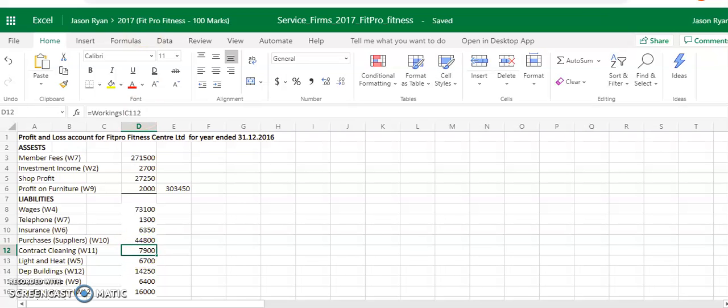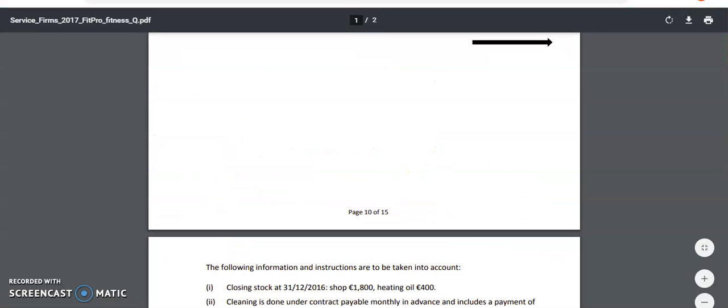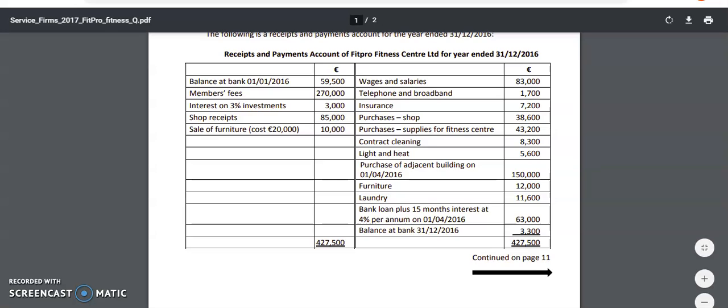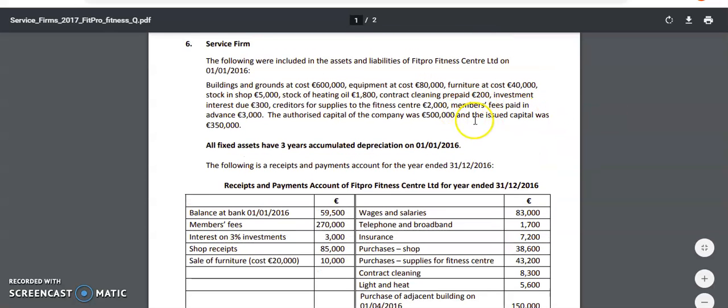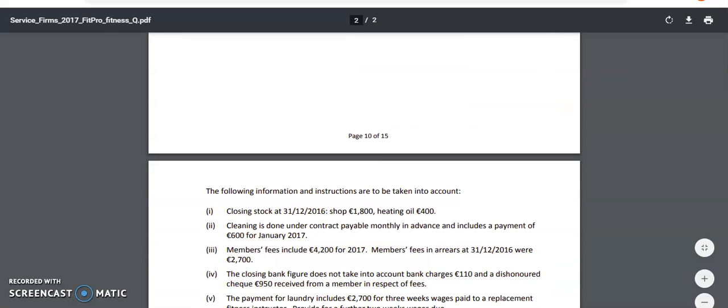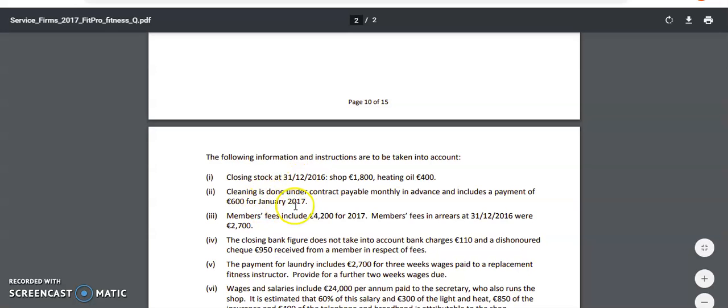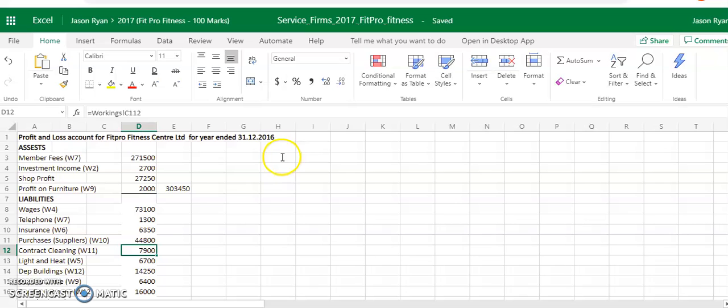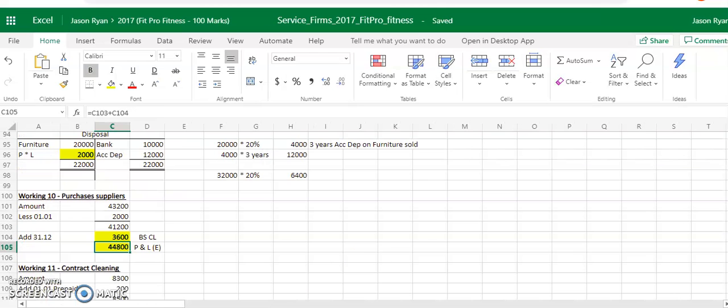So cleaning is your next one. So contract cleaning is your next expense. So see if you've got anything at the start. So prepaid at 200, so that's going to increase it. Anything at the end. So it's done under contract, payment in advance, and includes the payment. So 600 for next year, so that's going to reduce it. So your contract clean is going to be your next adjustment.